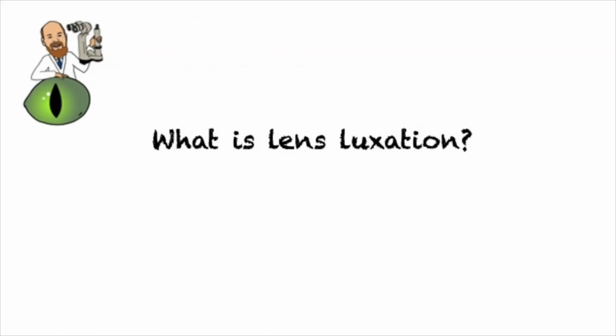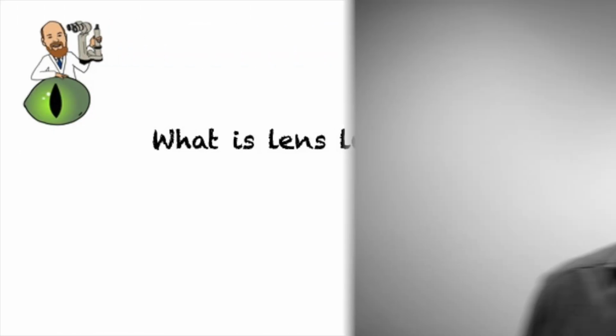Today we're going to talk about a condition called lens luxation. Lens luxation is a condition on the inside of the eye where the lens, which is the structure behind the pupil, the structure that starts developing cataracts both in humans and in animals, starts becoming loose.